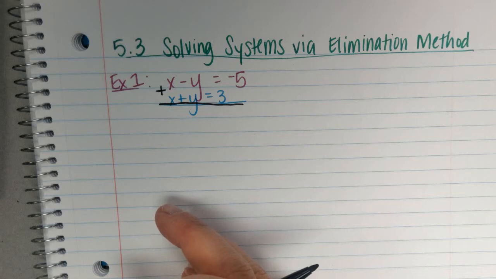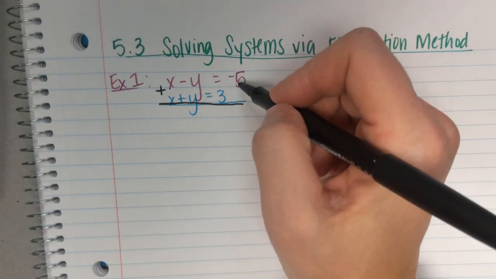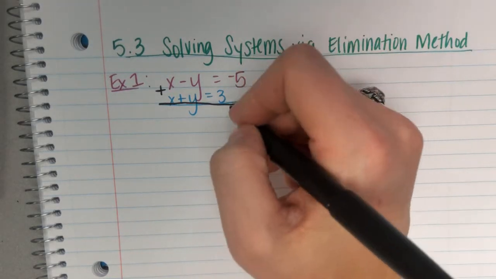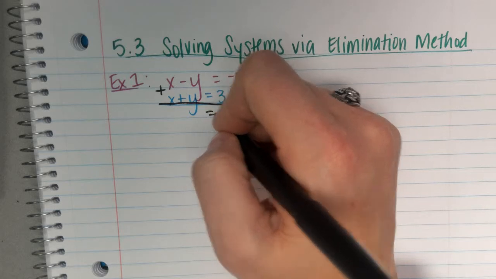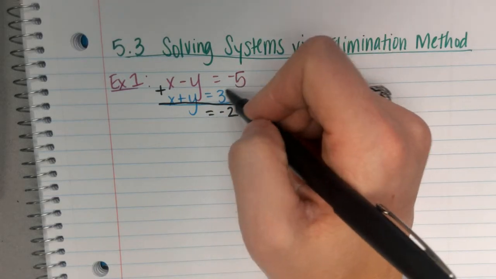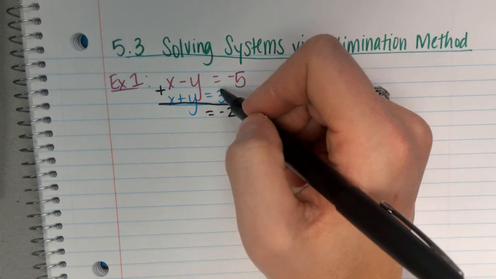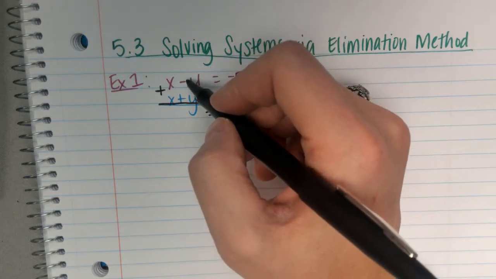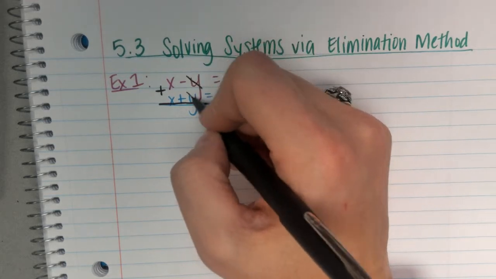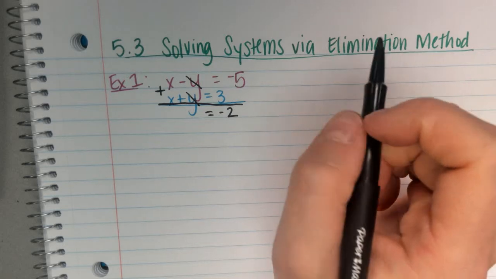Negative 5 plus 3 is negative 2. A negative y plus a positive y, those cancel out. There's no more y's.